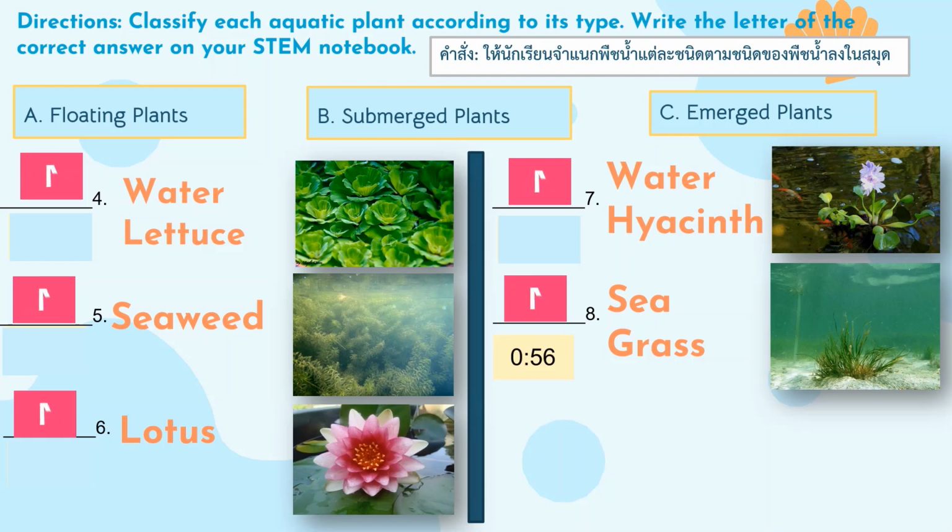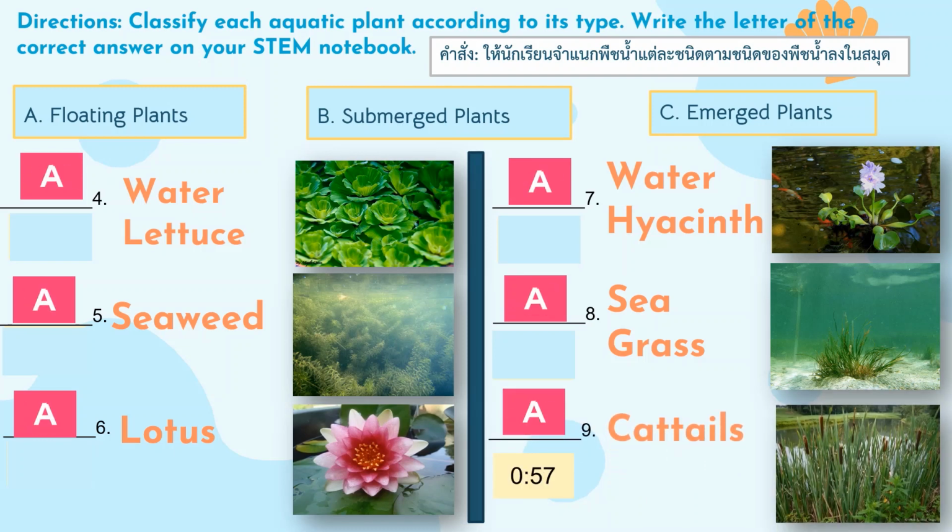Number 8, seagrass. Is it A, B, or C? Number 9.